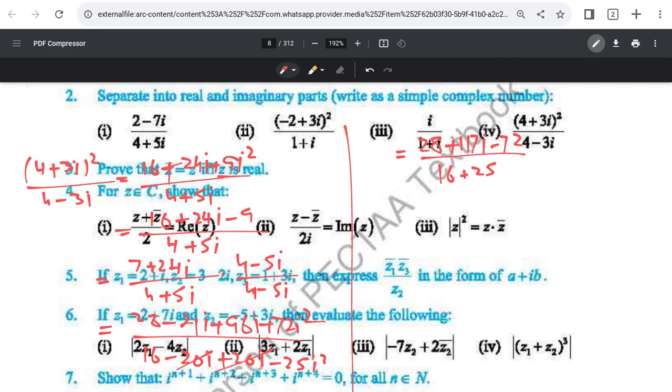Okay, so now students, when we simplify it we will get minus 44 plus 117i over 25. It is a mistake here, a little bit of a mistake here.